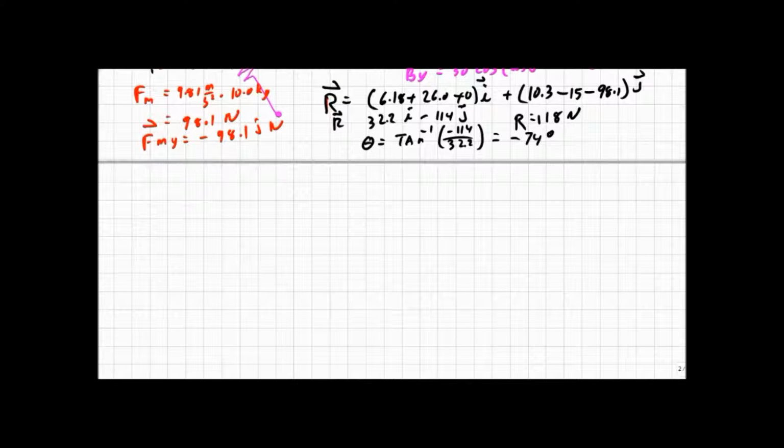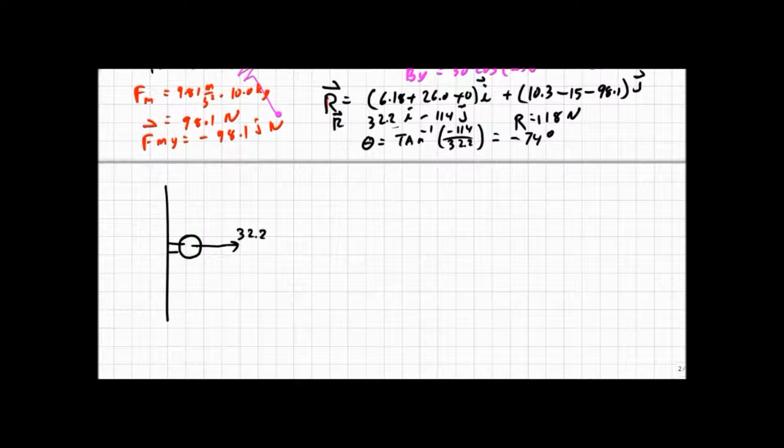Okay, so if I draw my picture here, this is my wall, this is my eye bolt. Here I have a force of 32 in that direction.